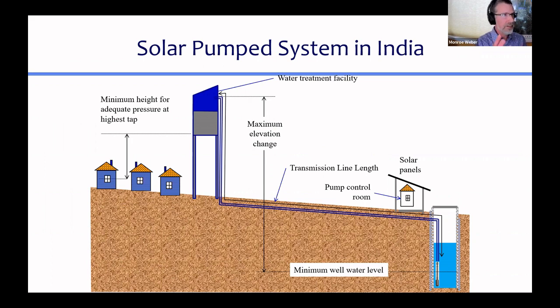So here's a system in India where we're taking water from a well. There's a solar powered pump down in that well that's lifting the water up out of the well and all the way up into a water treatment plant that is sitting on top of a storage tank, so that the water gets treated, then goes into the storage tank, and from there goes to the community, the village, with a piped water system.